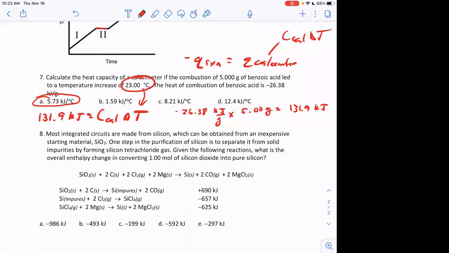The final temperature will be higher, so you let it lower. I don't bother with the negative signs. I just think about magnitudes and realize my C cal, all your heat capacities, all those things are positive all the time. They're constants. You don't have negative heat capacity.